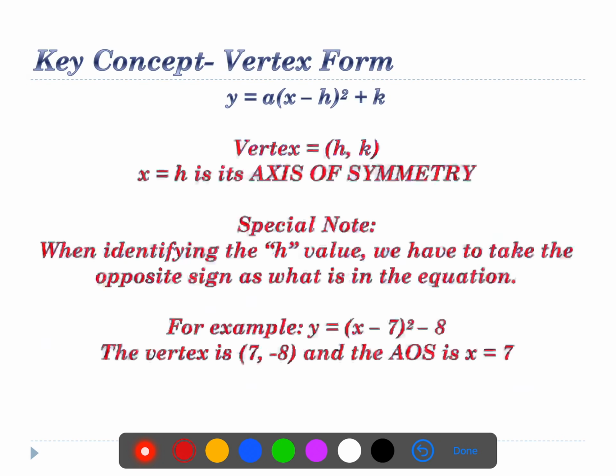The vertex of the equation, rather than us having to solve for the opposite of b over 2a to get the axis of symmetry and then the vertex, it's listed right there in the equation.